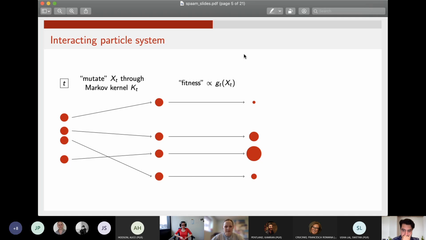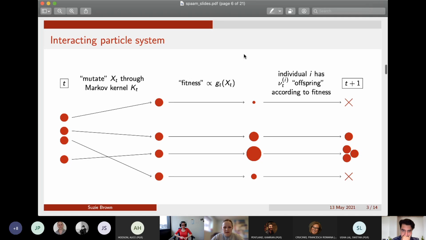So then finally, we have the selection step. This is where each individual is assigned some offspring, and we call the number of offspring of individual i nu i. And the number of offspring depends on the fitness. So an individual with higher fitness is likely to have more offspring. This one, for instance, has 3 offspring.